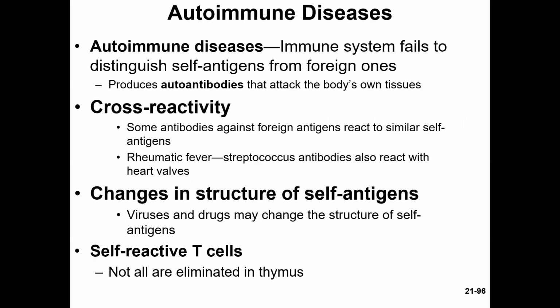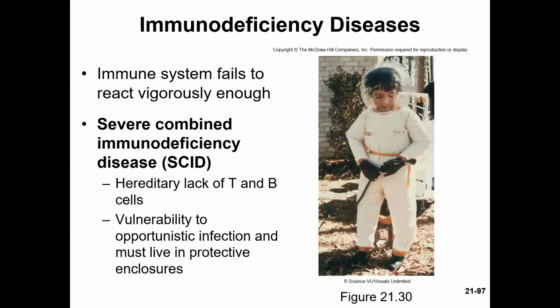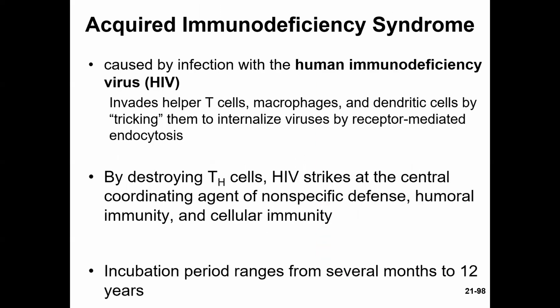Just saying that all of these are considered immune compromises, whether it's autoimmune or a deficiency. Even though they're on two ends of the same spectrum, it's still a compromised immune system doing something different.